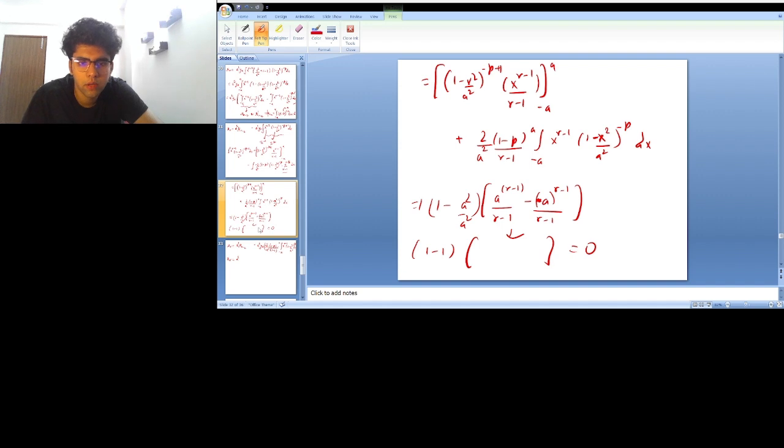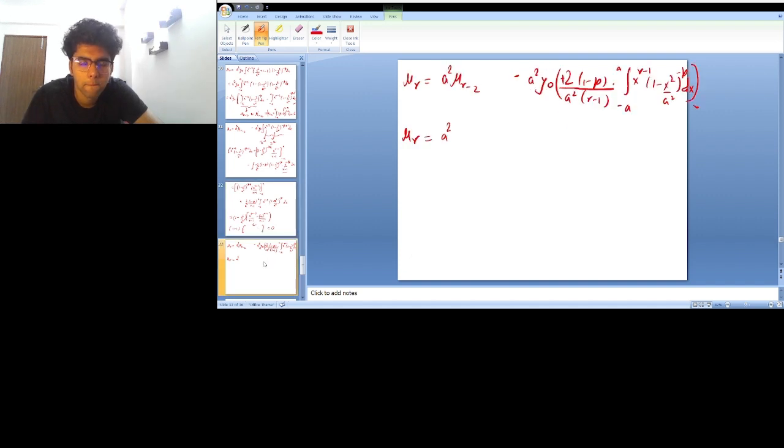So I'm left with this. Now if I take y naught inside, this will also become my PDF. So y naught into 1 minus x square upon a square raised to the power minus p is my fx, and this is x to the power r minus 1. My mu is 0, so this becomes x minus mu raised to the power r minus 1 fx dx.